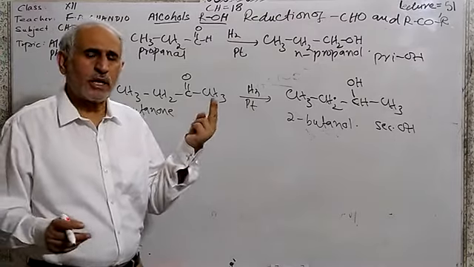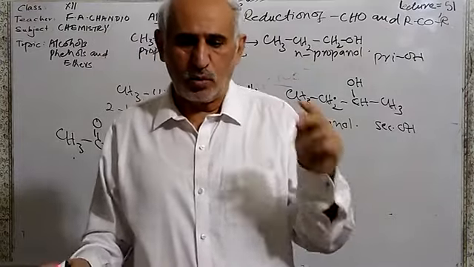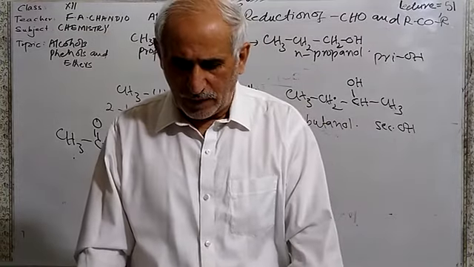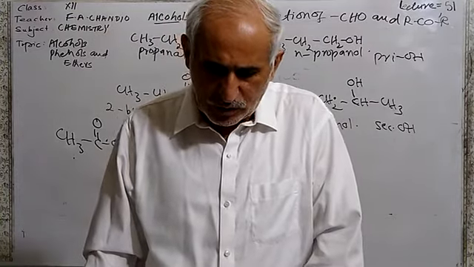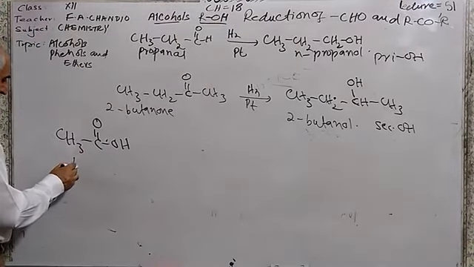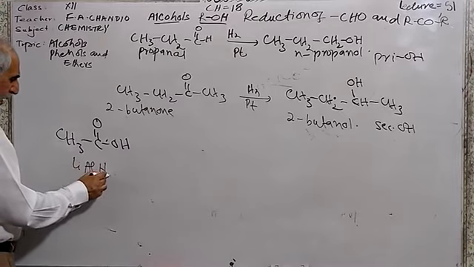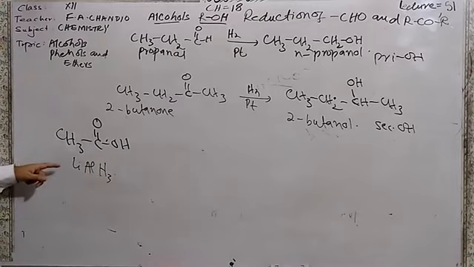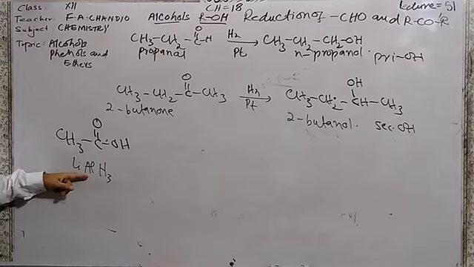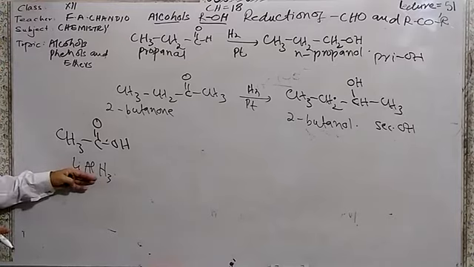One reducing agent is less powerful and the other is highly powerful. So you can use lithium aluminum hydride, and the other one is called lithium borohydride, which is a weak reducing agent as compared to this.